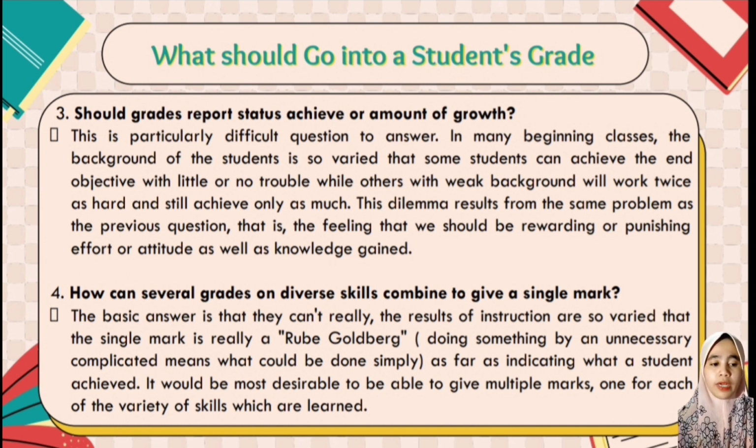Our system requires that we produce one mark. Therefore, it is worth our while to see how that can be done even though currently the system does not lend itself to any satisfactory answers.